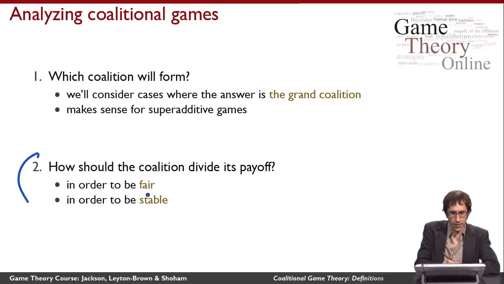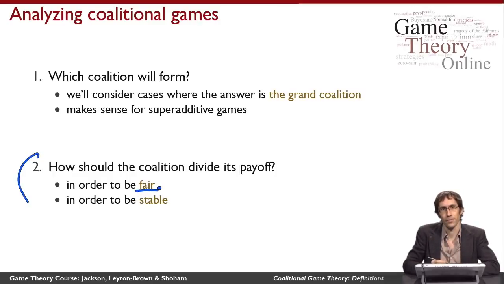The first is how it ought to divide its payoff if what it's concerned with is fairness. Secondly, we might instead wonder about how it ought to divide its payoff if what it's concerned about is stability, by which we mean everybody would be willing to form the coalition rather than instead forming smaller coalitions because they might be able to achieve higher value for themselves. And we'll look at all of this in the videos that follow.